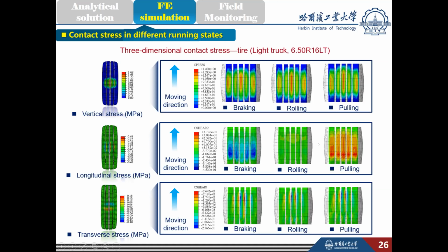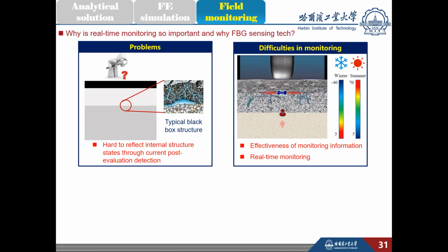However, pavement structure is more like a black box. Current testing means cannot obtain the internal conditions, especially stress or strain information. And these parameters are important in structure design. As a result, we cannot realize a real-time pavement performance evaluation accurately.